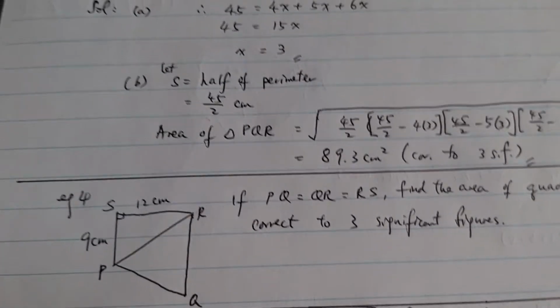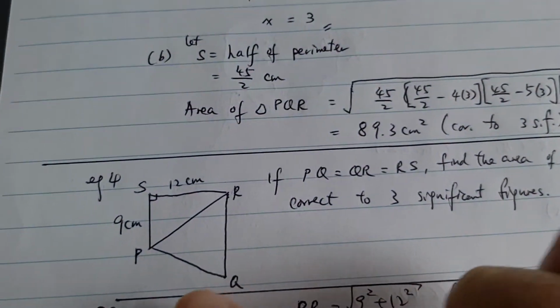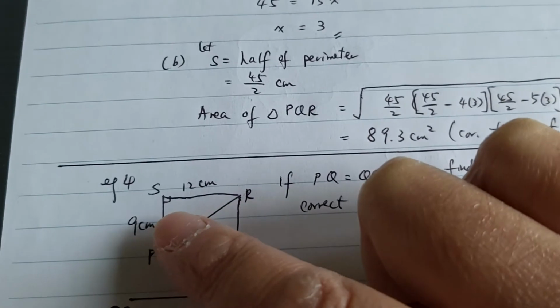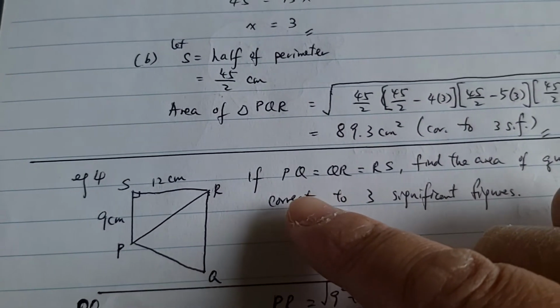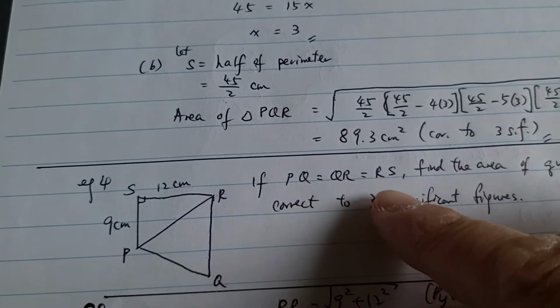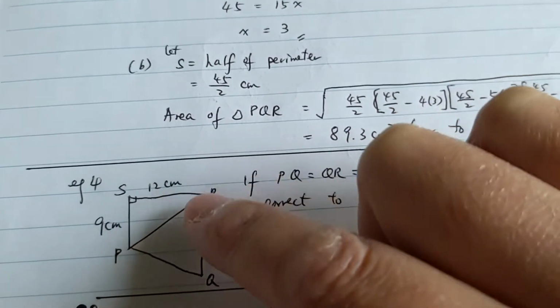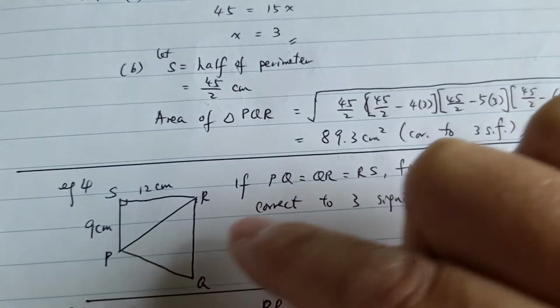We go to the final example. Example 4, you are given a quadrilateral PQRS with two sides given and the included angle is a right angle. Also, you are given that these three sides are the same, which are PQ, QR, and RS. So they are all 12 cm.